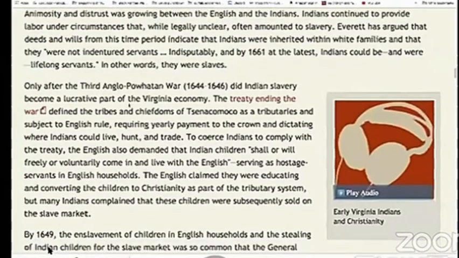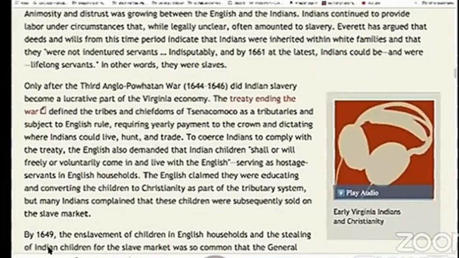Only after the Third Anglo-Powhatan War, 1644 to 1646, did Indian slavery become a lucrative part of the Virginia economy. The treaty ending the war defined the tribes and chiefdoms of the Senacomoco as tributaries and subjects to English rule, requiring yearly payment to the crown and dictating where Indians could live, hunt, and trade.